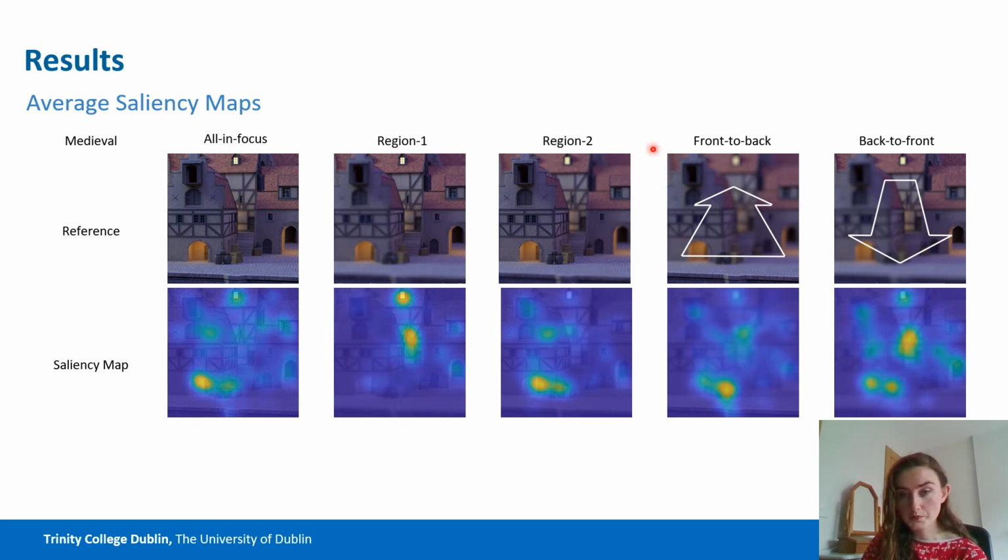If we look at the front to back and back to front renderings, we can see that there are some areas such as here that are not present in the all-in-focus rendering. And this is an example of why we think that just using all-in-focus renderings for ground truth does not give a full representation of the salient regions present in a light field.